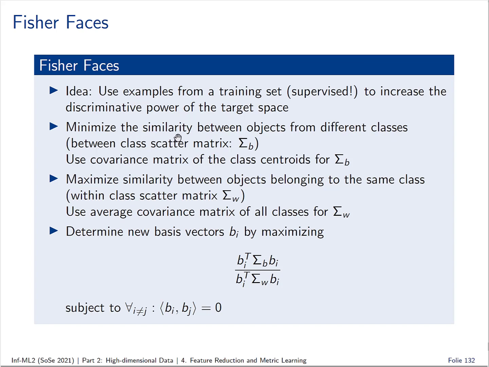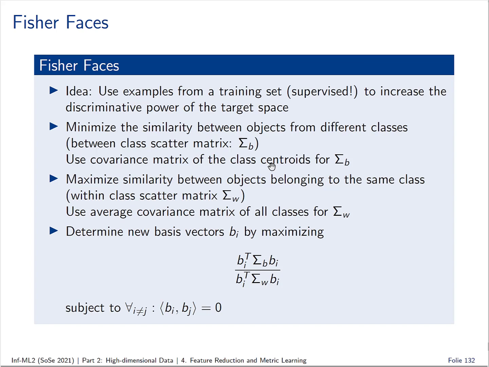We try to minimize the similarity between objects from different classes. That is the so-called between class scatter matrix, denoted by sigma b. For that case, we just use the covariance matrix of the class centroids. So we compute the centroids of all classes and then compute the covariance matrix of these class centroids.